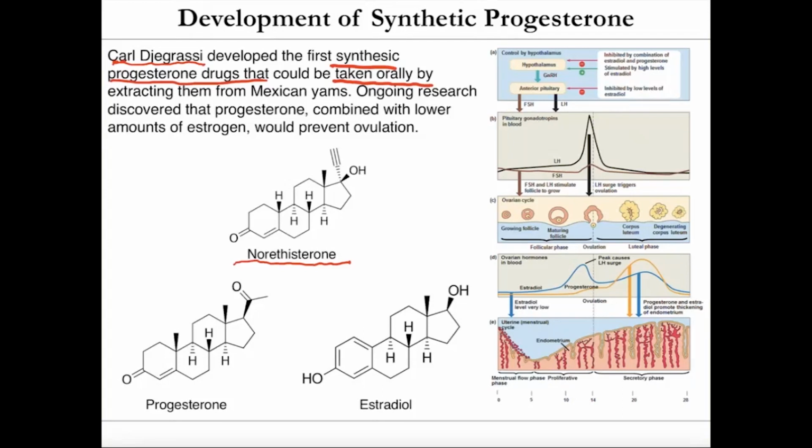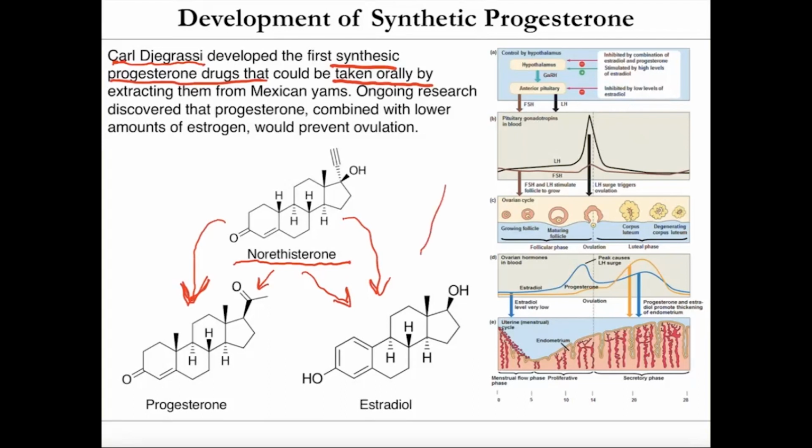You can see its structure right here is a little bit different, but it's very similar to both progesterone and estradiol, which is basically estrogen. But it's orally bioavailable. So it acts in your body like it looks a lot like progesterone and a little bit like estrogen.